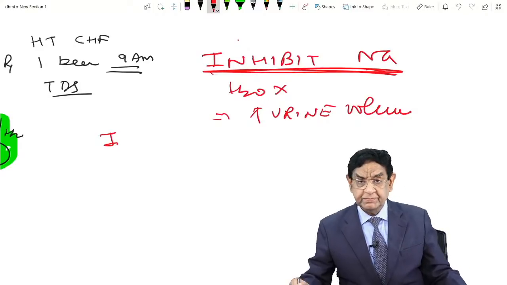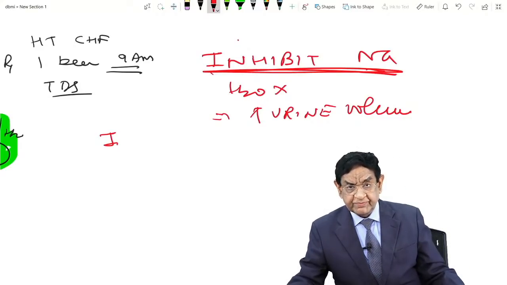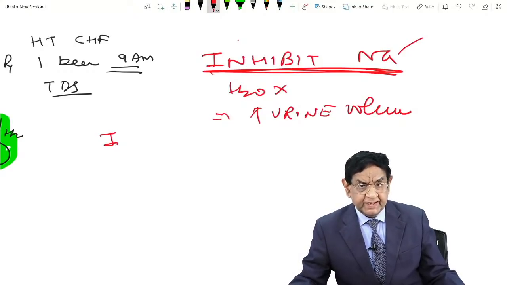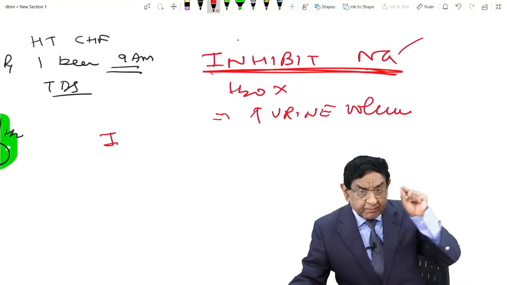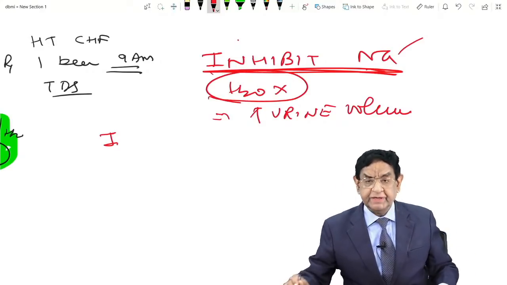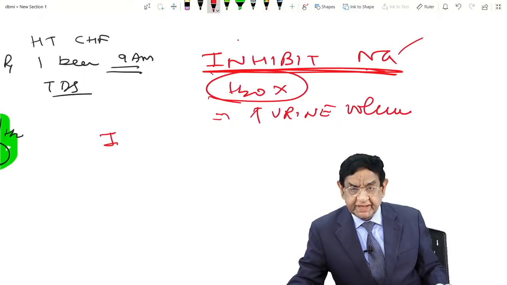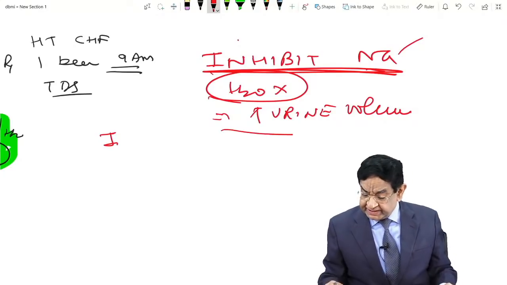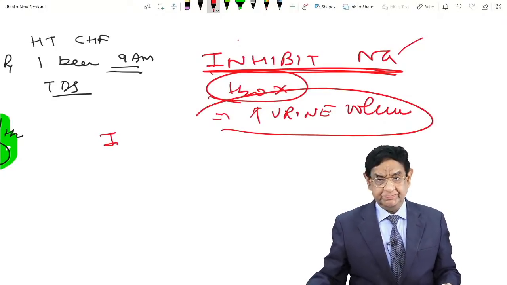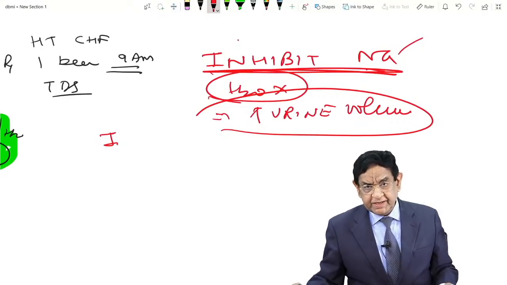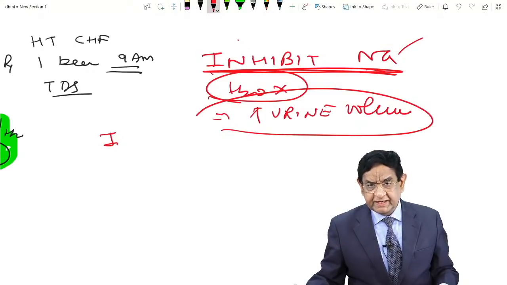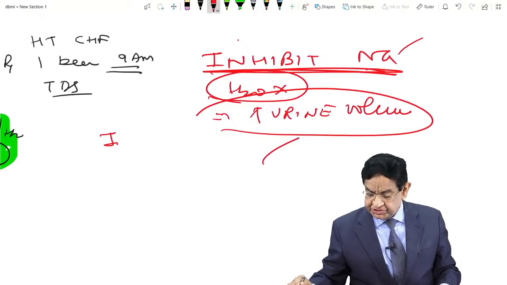A diuretic is a drug which inhibits sodium reabsorption at any part of the nephron, thereby water is also not reabsorbed, and the net result is increased urine volume.